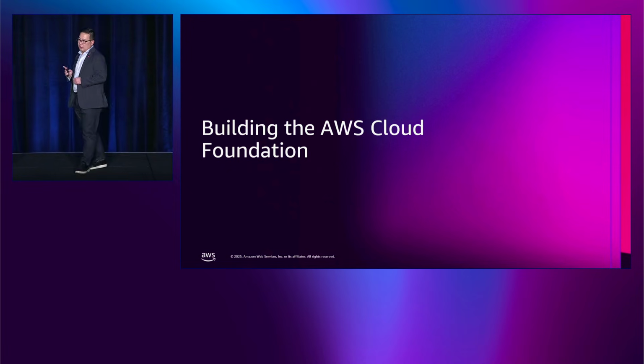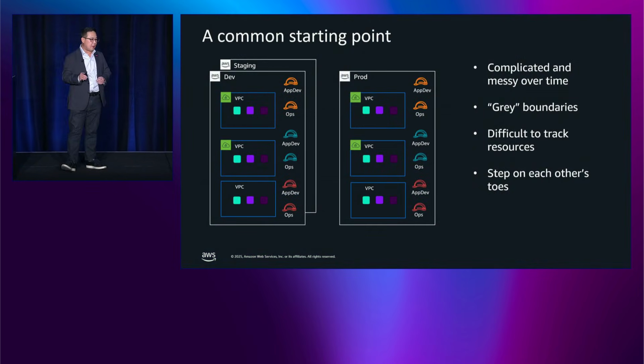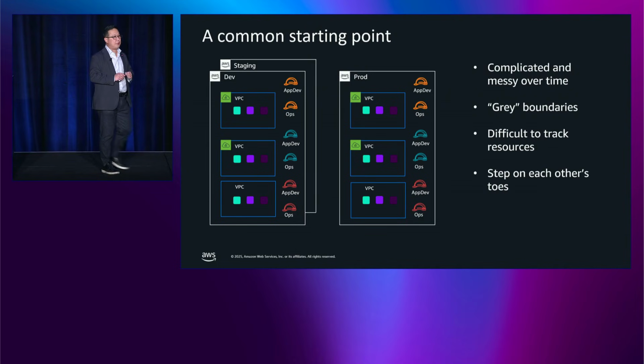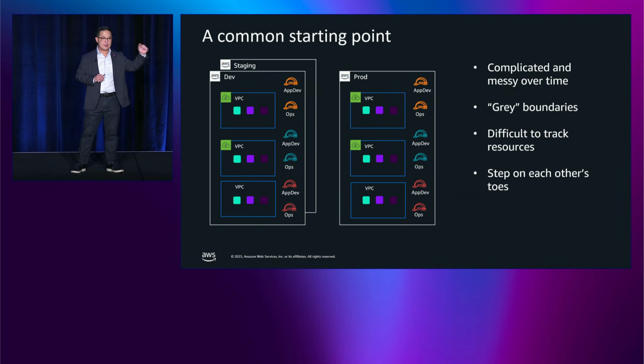One thing we do see that's very common for customers coming from an on-prem environment is that they typically will start with 3 large AWS accounts. This will be a dev, a staging, and a production account.